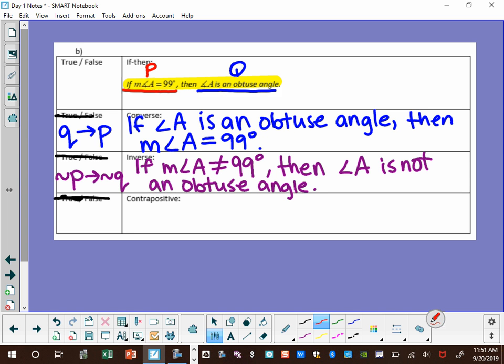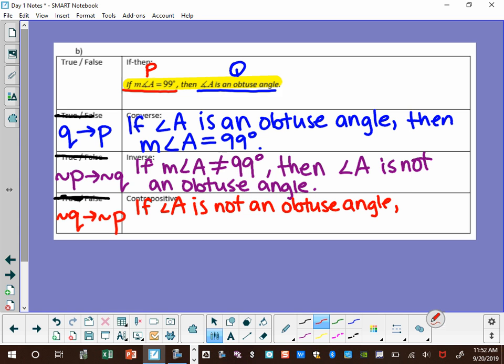All right, Sam, the last one's yours. Contrapositive. What are my symbols? If not Q, then not P. Good. Okay, so what's the first part? If not Q, what do I write? Measure of angle A. Perfect.